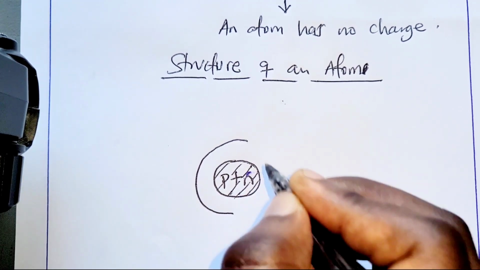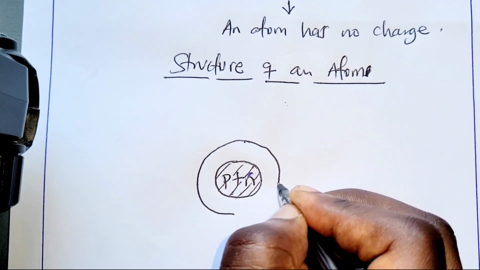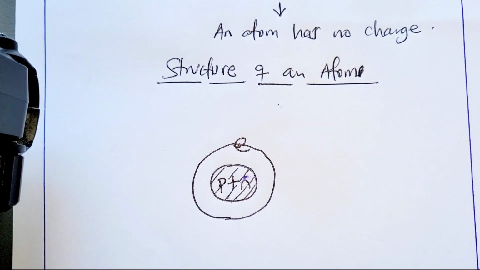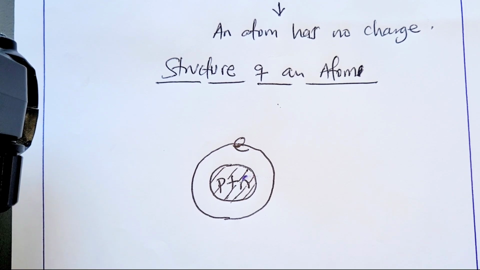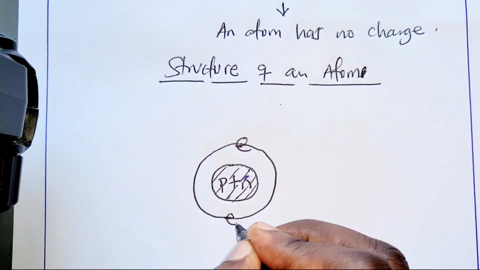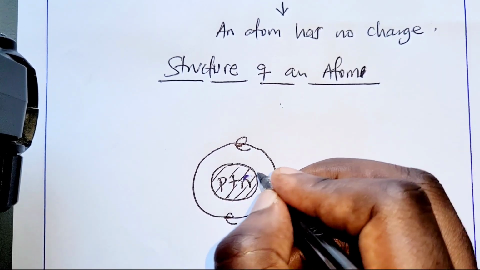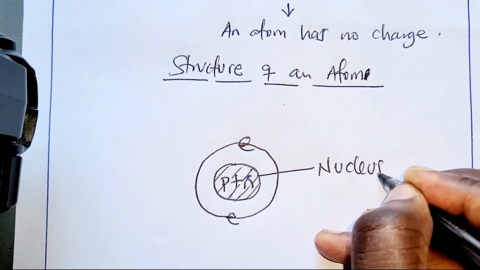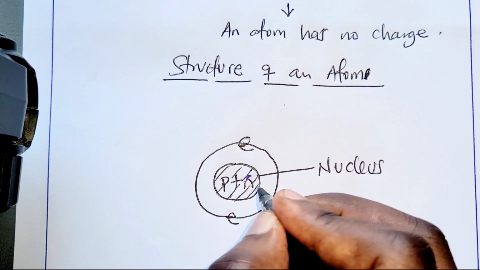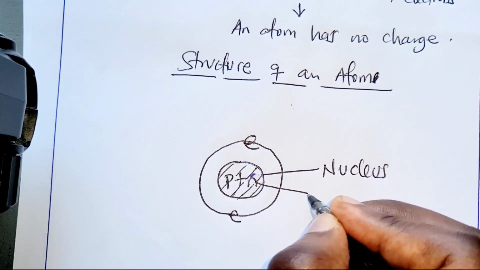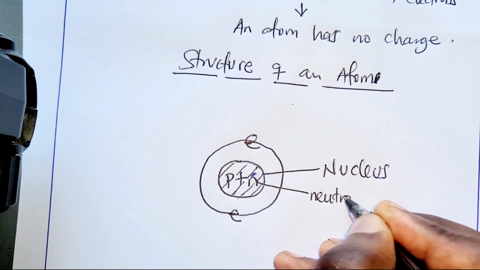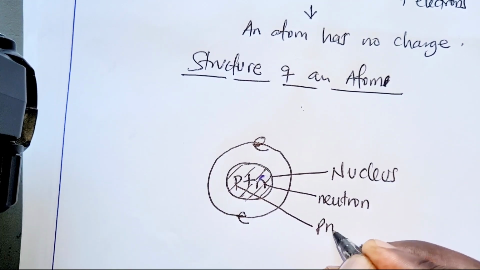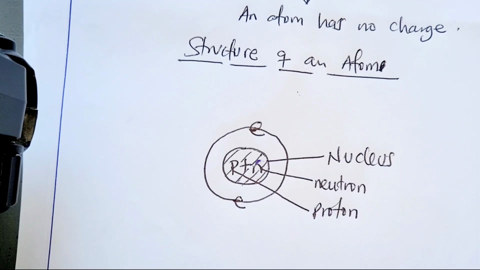Then the atom has energy levels. Let me just draw one energy level and place there only one electron, but it can take a maximum of two electrons. This one is the nucleus. This one here is representing neutrons, and this one is representing a proton.